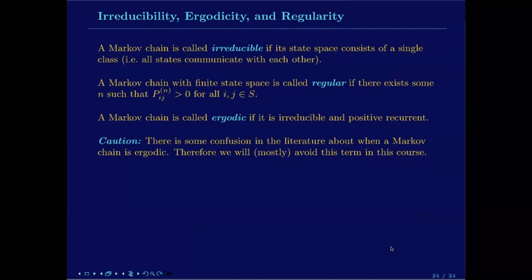In the tutorial, I falsely called that ergodicity. Actually, it's regularity. Ergodicity, on the other hand, means that the Markov chain is irreducible and positive recurrent. In particular, if we have a finite state space, irreducibility is the same as ergodicity.